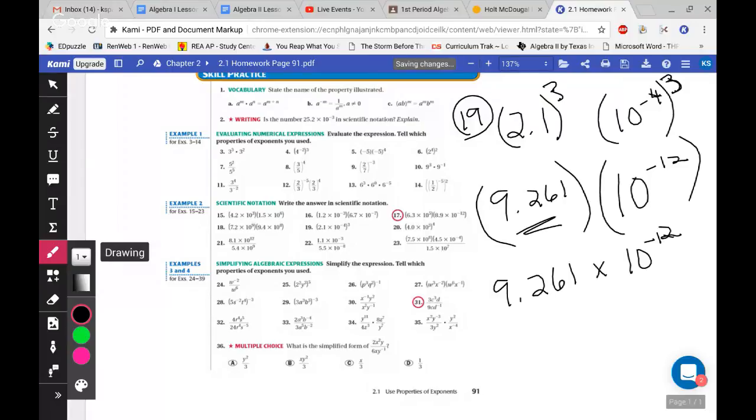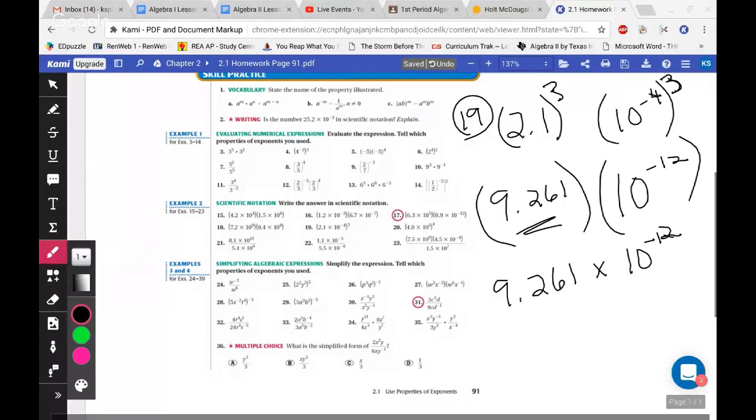And that's your final answer. Any questions about that one? Just making sure that you apply exponent rules is the most important thing, making sure that you cube both numbers inside the parentheses. Okay, you ready to move to 21?